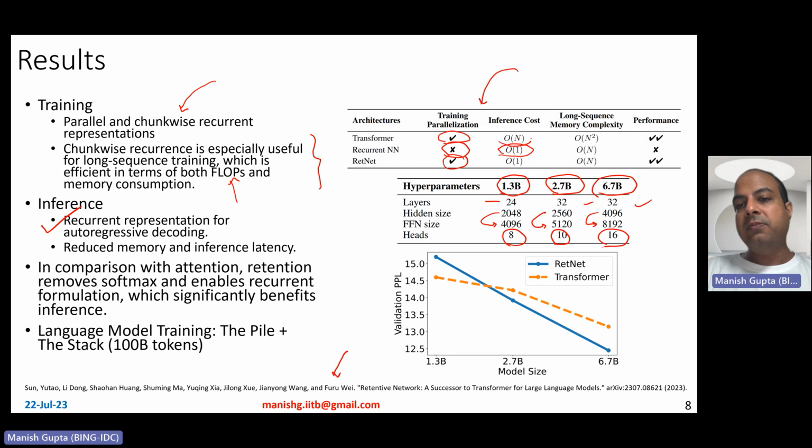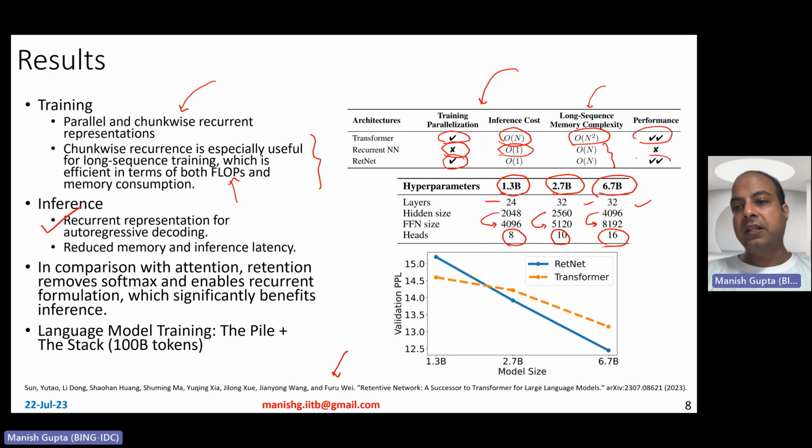Right now, in transformers, that becomes O(N) because it would depend on all previous tokens. Also, from a long sequence perspective, the computations in transformers are quadratic in nature, but in recurrent neural networks and RetNet, they are basically linear in nature.